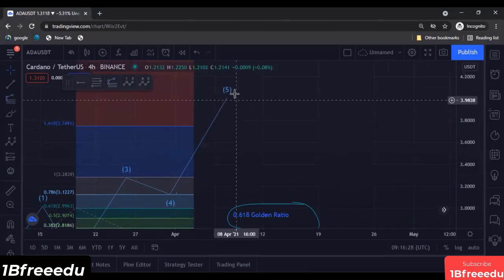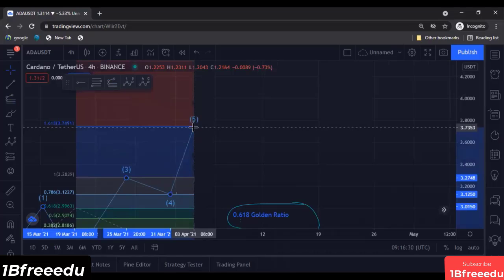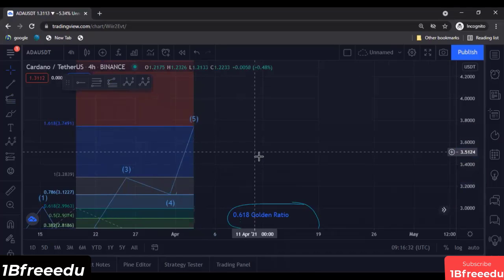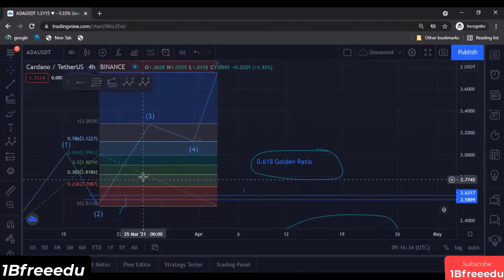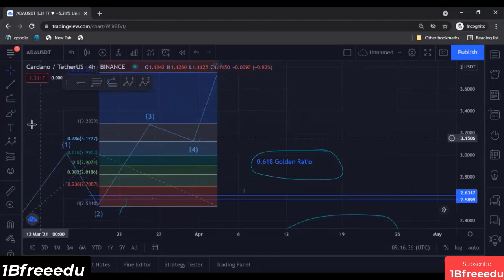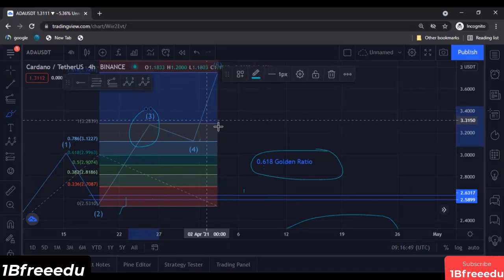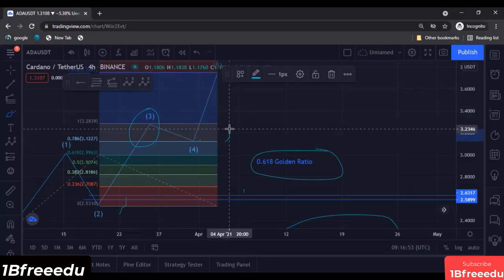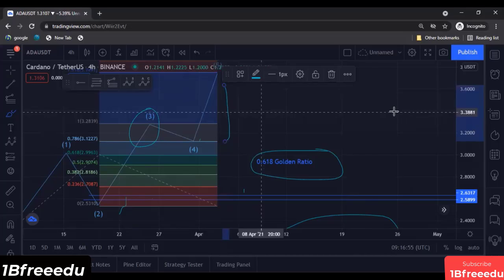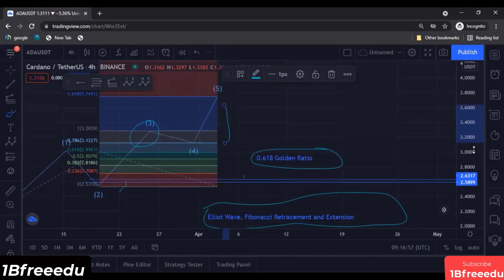So what this basically means is, this whole tool is designed to see the price of the third one, which is this one. If the price of this third extension, it tells us how much the price would rise. So we could expect this third one to rise between 0.786 all the way up to 1.618.